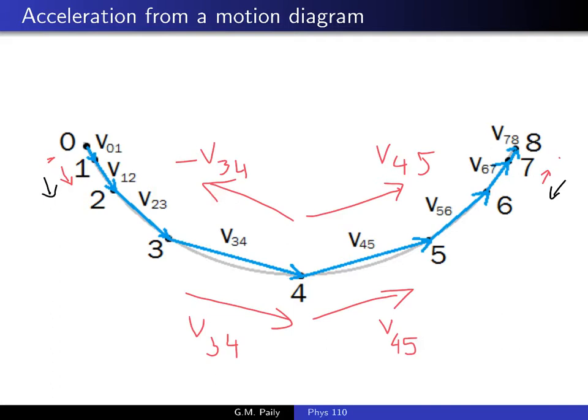And that result points straight up. And so the change in velocity points straight up, which makes sense because the velocity has gone from pointing to the right and down to pointing to the right and up. And so the change is pointing up.